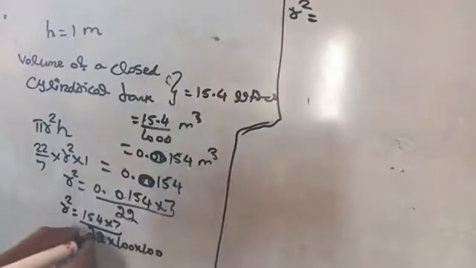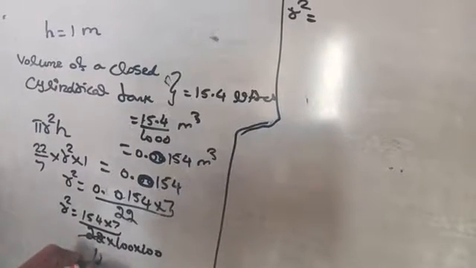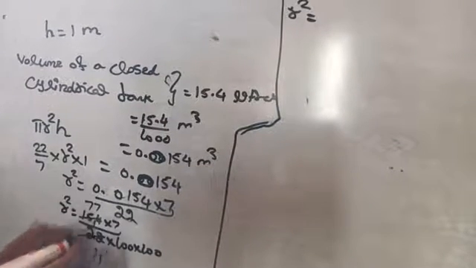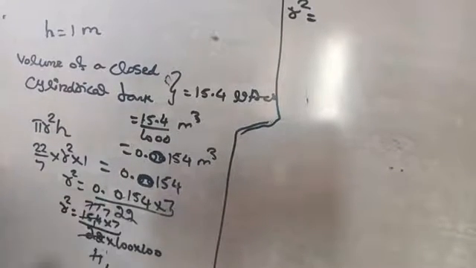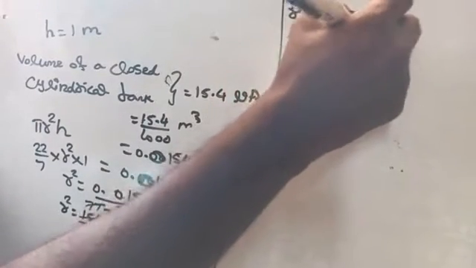Here, 2 11s are 22, 11 2s are 22, 7 2s are 14, 1 11 is 11, 7 11s are 77. So here it is 7 into 7. R square is equal to 7 into 7 by 100 into 100.